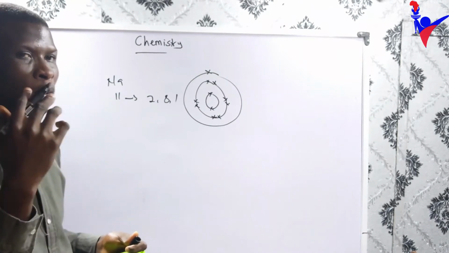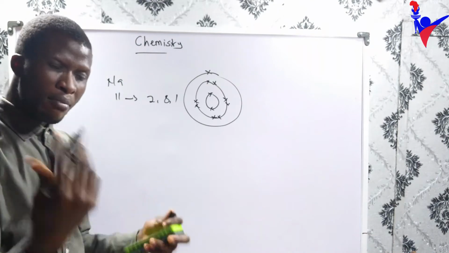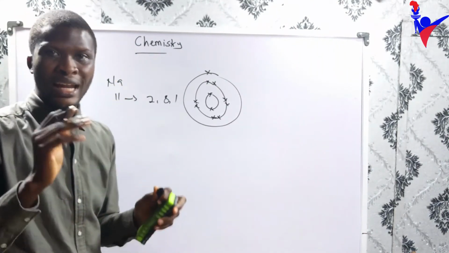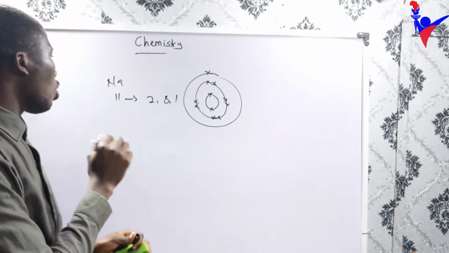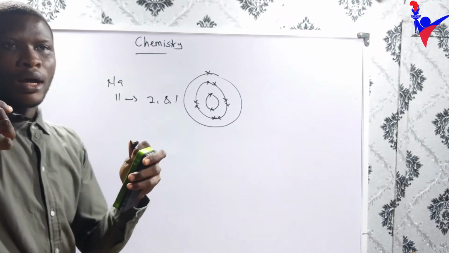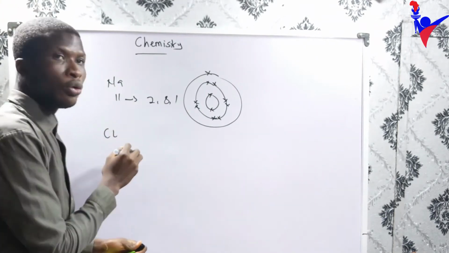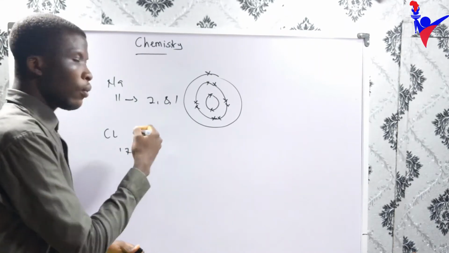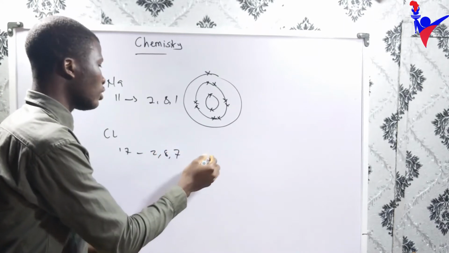I think I explained electropositive atoms in my last class. Electropositive atoms are atoms in group 1 and group 2, that's alkali metals and alkaline earth metals, of which sodium is a good member. An example of an electronegative atom is chlorine, and chlorine is 17. Its configuration is going to be 2, 8, 7.